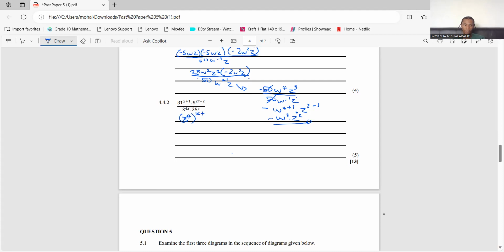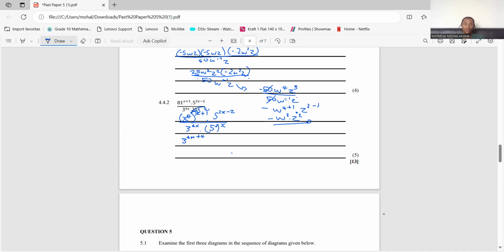So this is 5 exponent 2x minus 2 over 3 exponent 4x, times 5 exponent 2x. Then you have 25, which is 5 squared. So you have this distributed: 3 exponent 4x plus 4. This multiplies that, it also multiplies that one.